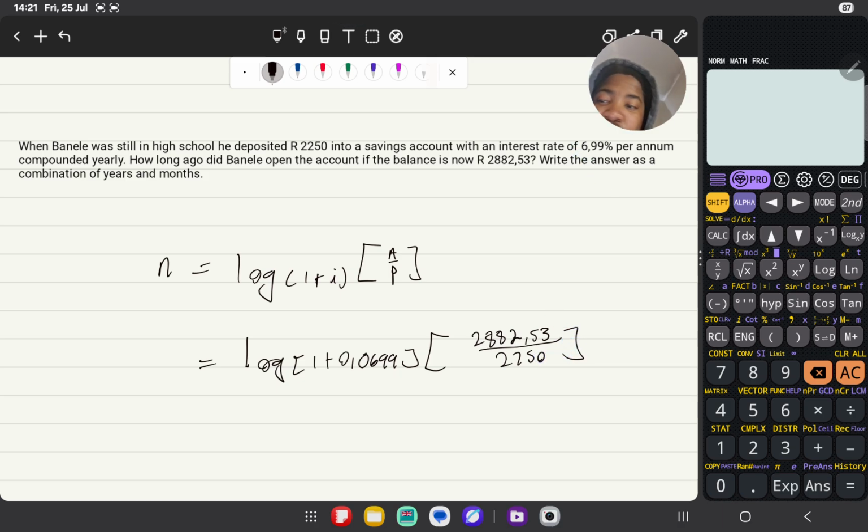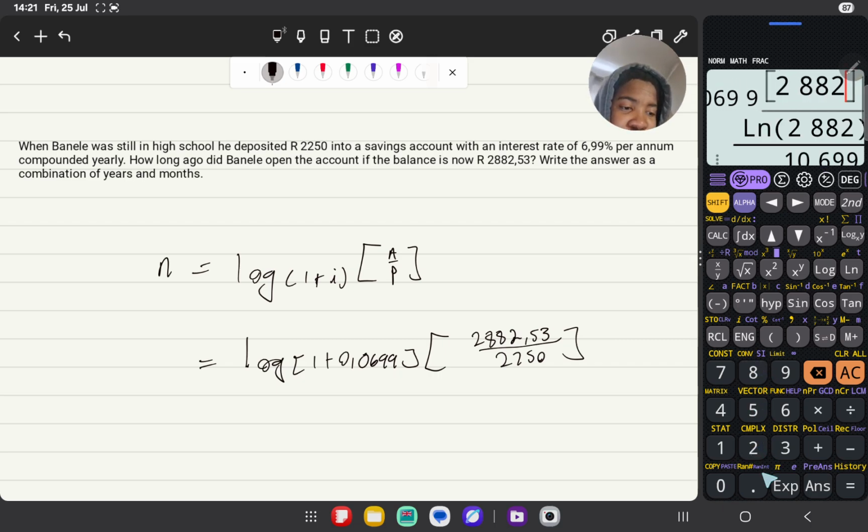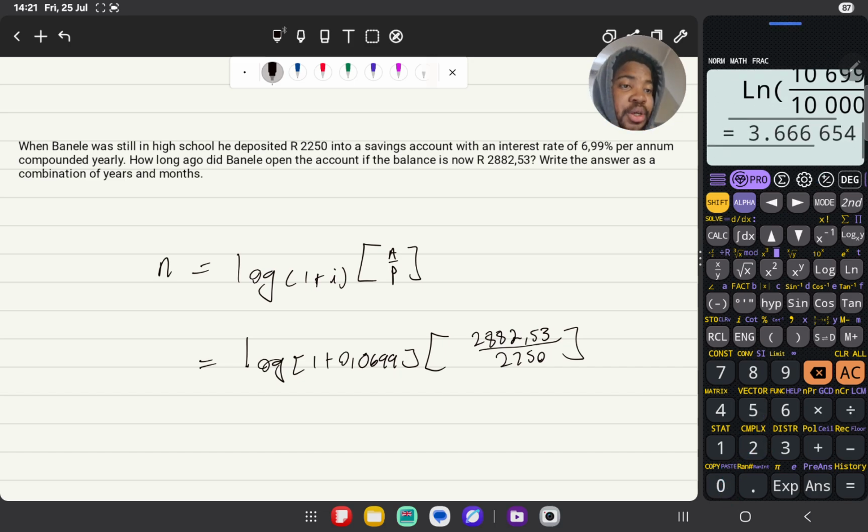It was compounded yearly, so we are still fine. Log base 1.0699 of 2,882.53 divided by 2,250, and we're getting 3.67 years.